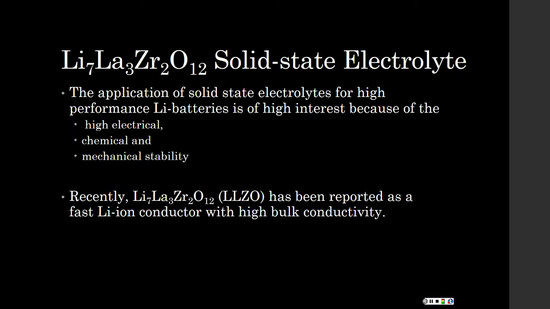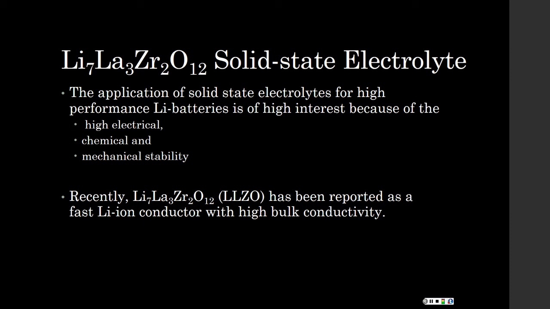This LLZO material basically results from lithium, lanthanum, zirconium oxide. This is a solid state electrolyte, and solid state electrolytes are getting attention in the lithium ion batteries sector because of their high chemical, electrical and mechanical stability.